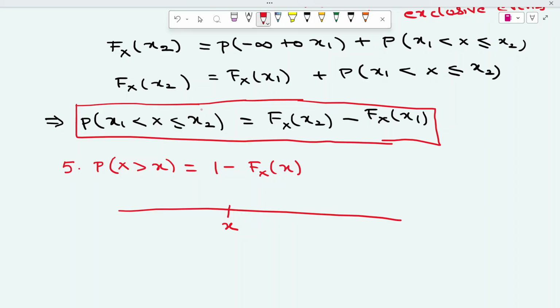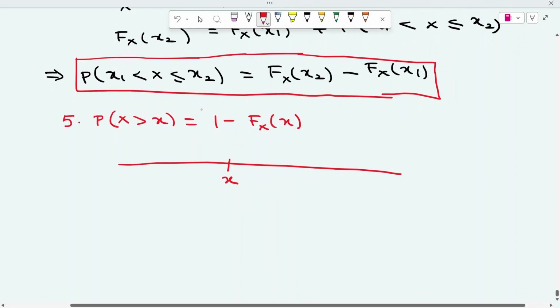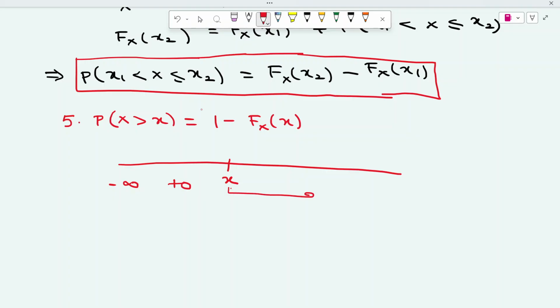We can write from minus infinity to x, whereas this includes from x onwards to infinity. So this line from minus infinity to infinity, we are dividing into two mutually exclusive events.